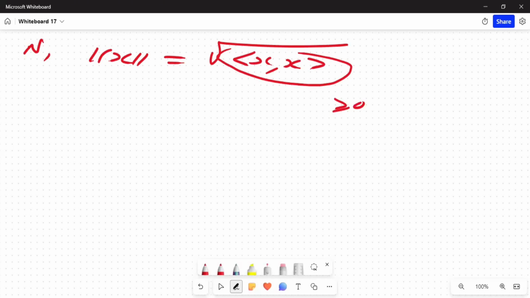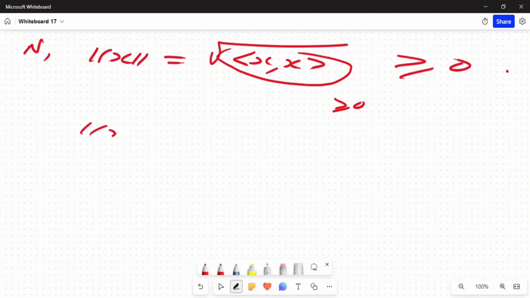Since this is an inner product, it's already greater than or equal to 0. Do you understand? And the square root of something that is greater than or equal to 0 is also greater than or equal to 0. When an object is positive, the square root is also positive, is it not? Hence, this is greater than or equal to 0.